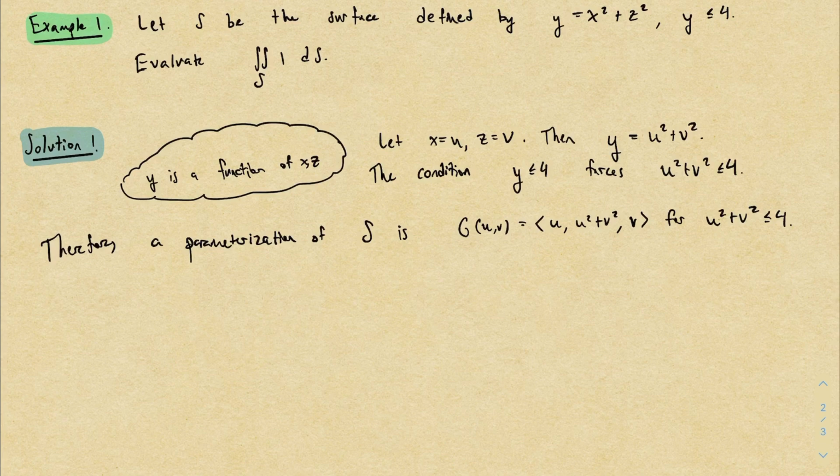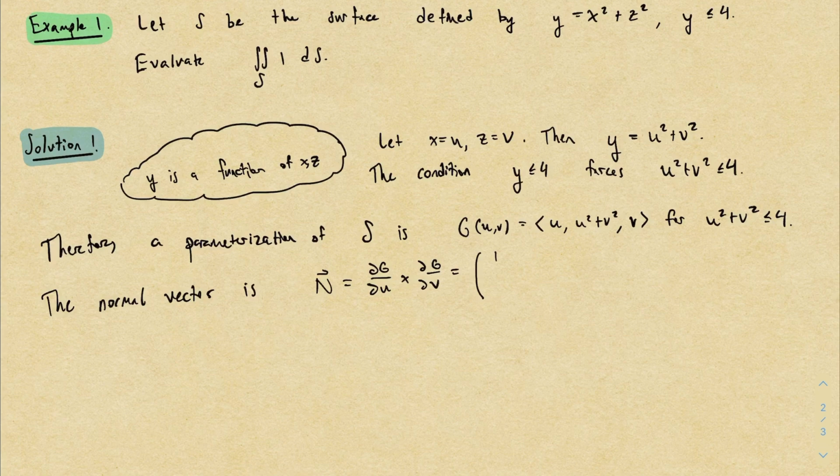That was step 1. Step 2 is to compute the normal vector. This is going to be the cross product of the partial of g with respect to u and the partial of g with respect to v. So the partial of g with respect to u is a vector. The first component is the derivative of u, which is going to be 1.